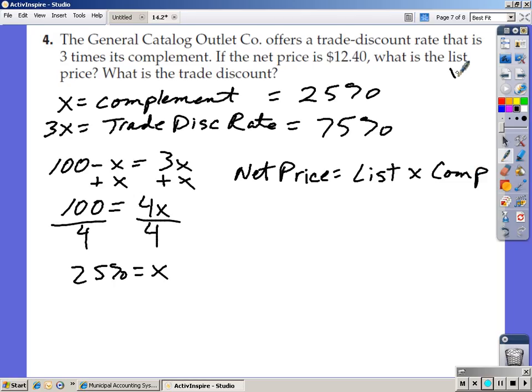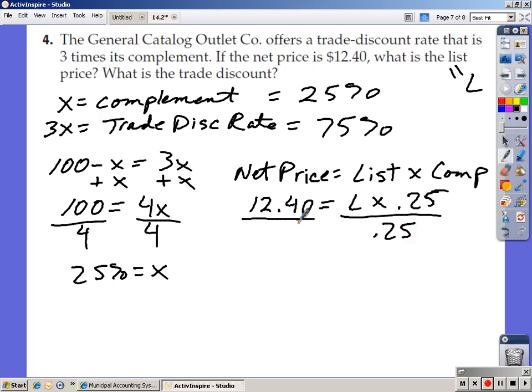We're going to let that be represented by an L. My net price is $12.40. $12.40 equals L times my complement of 0.25, 25%. Divide both sides by 0.25. 12.40 divided by 0.25 is 49.60 equals my list price.